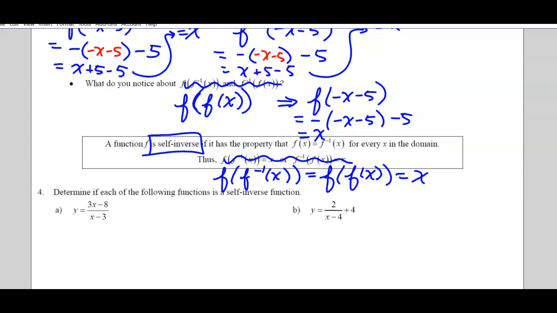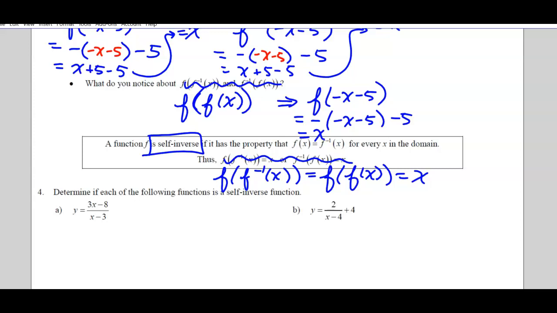So if you're asked to determine if a function is self-inverse, you can find the inverse, take the function of itself, see that it equals x, or a little bit faster is f of f of x, rather than taking the inverse. That's often easier because with the inverse, sometimes, especially if it's a fraction form, you have to then multiply through to get rid of denominators and that kind of thing.